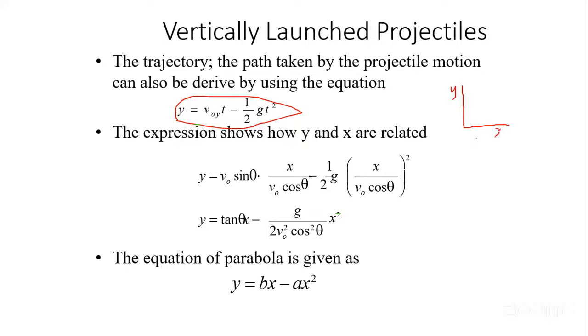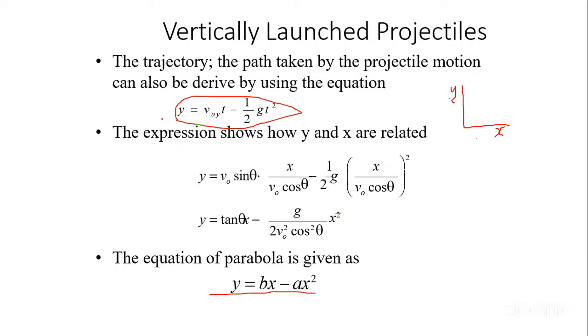The trajectory motion or the parabolic motion or projectile motion can only be analyzed using 2 dimensions. So which means to get a proper expression for that motion, we should expect to see both y and x components present in that equation. So that is what brought about this final expression.